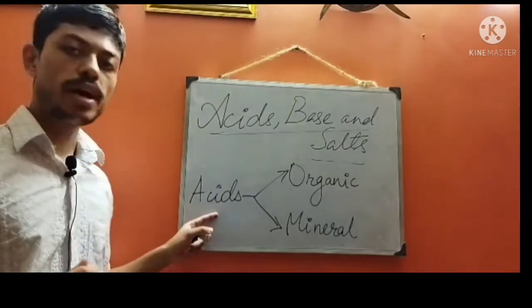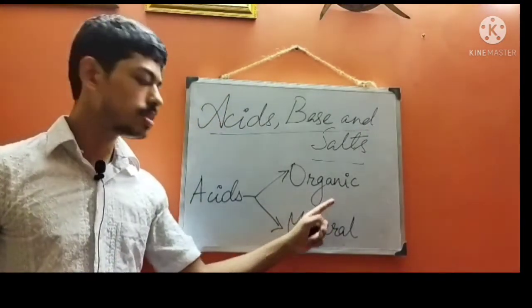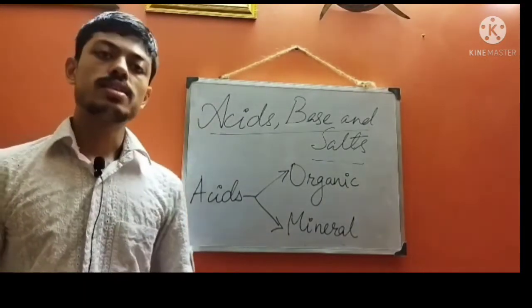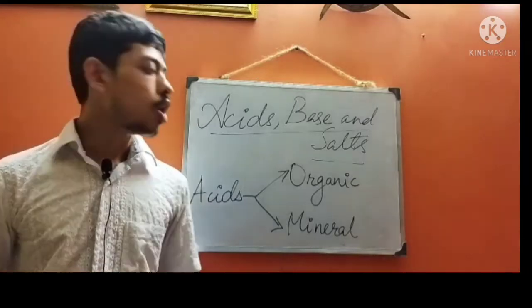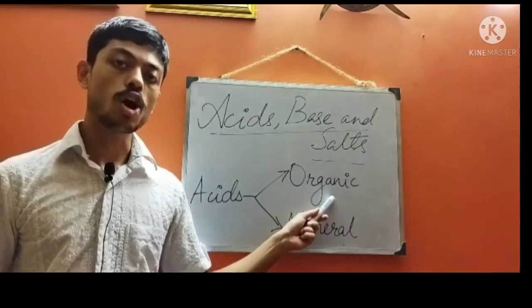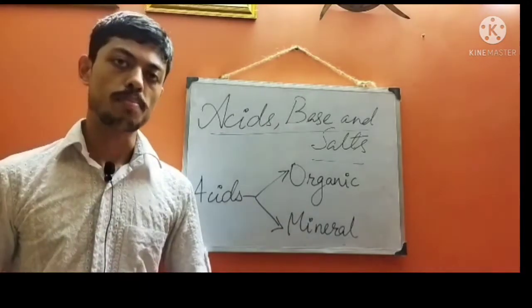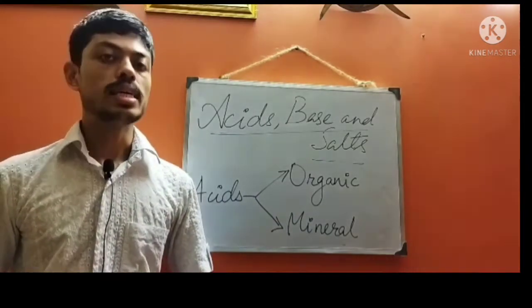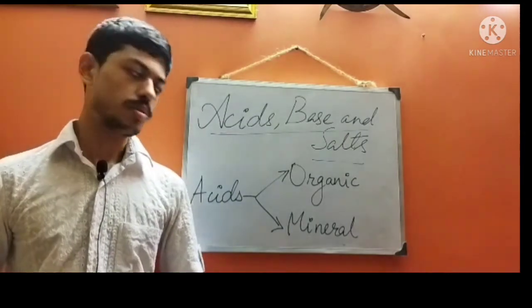Organic acids are the naturally occurring acids. For example, citric acid, oxalic acid, tartaric acid, etc.